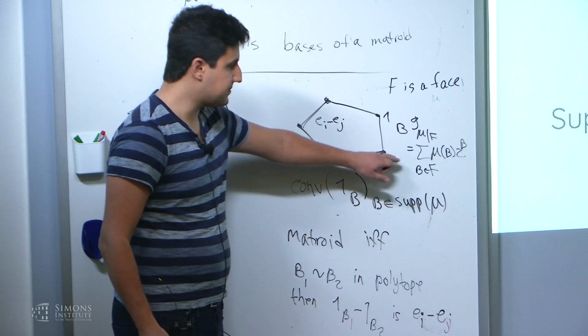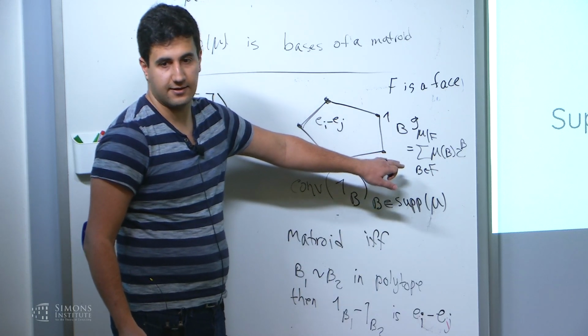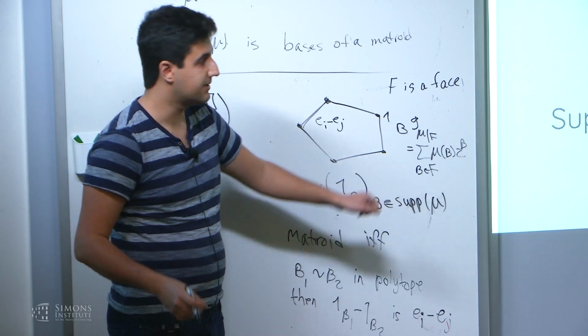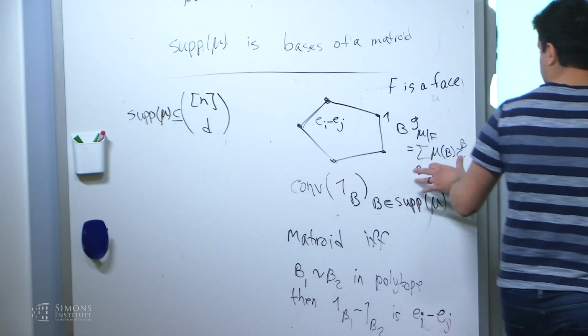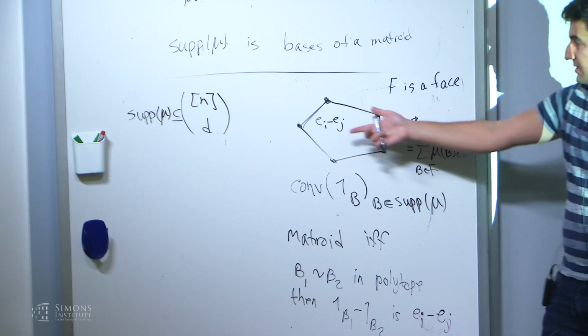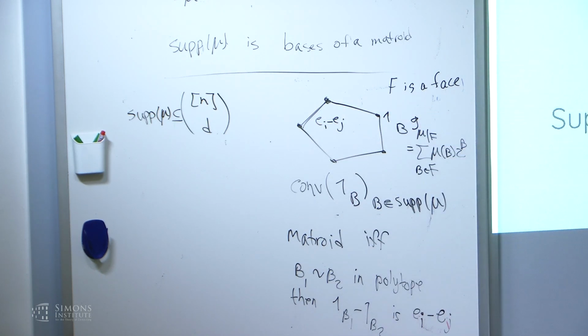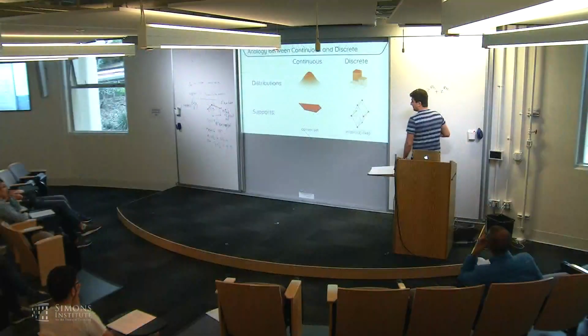We're going to show that this polynomial also is completely log-concave, for any face, no matter what. And when you prove this, you can restrict to a face which is an edge. Right? So when you restrict to an edge, it's going to be of this form: z to the b1 plus z to the b2.